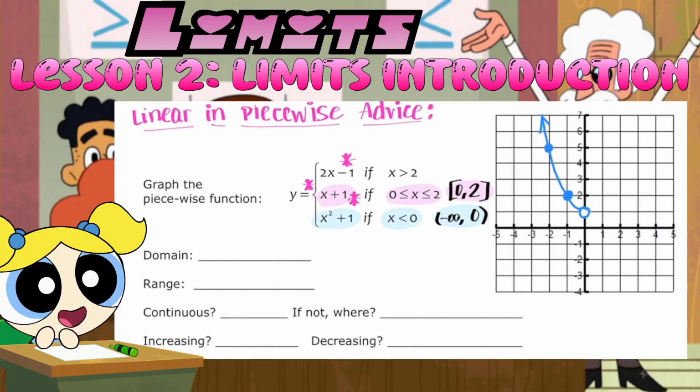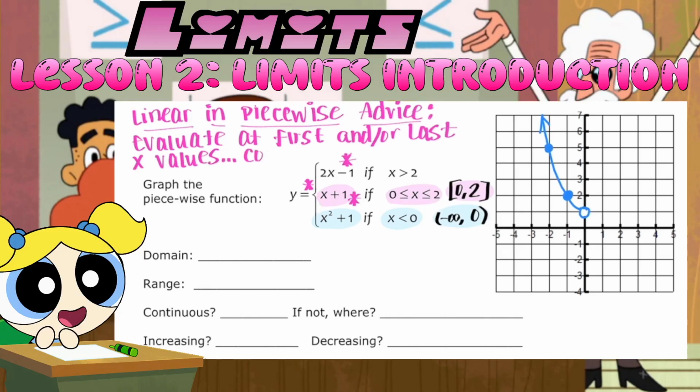The linear in piecewise advice was to evaluate at first and or, sometimes you don't have a first and or last, you only have one or the other, first and or last x values, connect the dots, exclamation point. So if you don't know what I mean, you're about to find out.